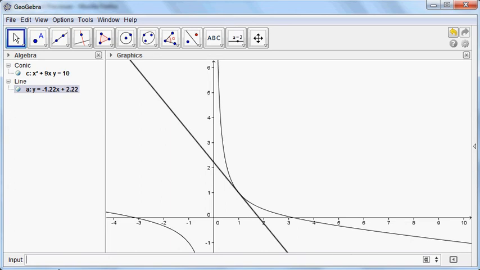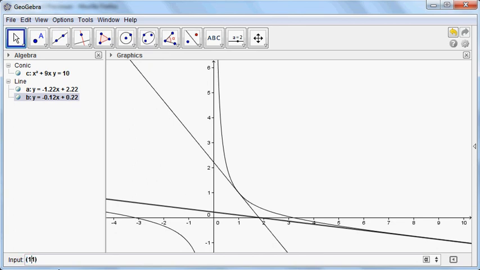Looks like we have a tangent line. The second one is y equals negative 11 over 90 x plus 2 over 9. So we have that. Remember the point, I'm going to put the point there.